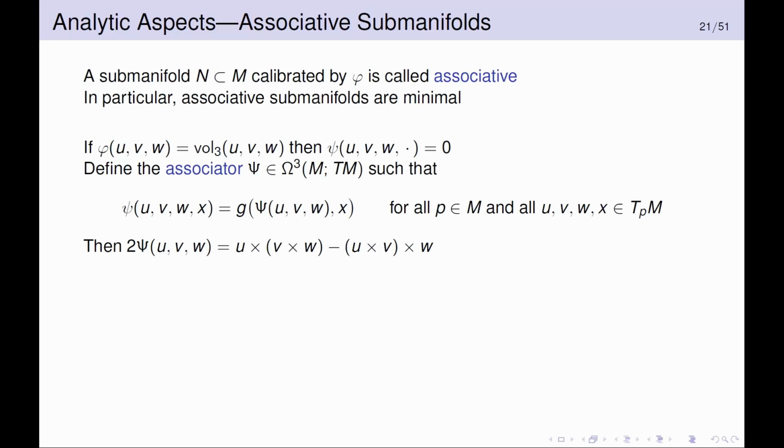So it tells you if you are on an associative subspace of the imaginary octonions, that it vanishes. And that's exactly the case if you're calibrated by phi. So the submanifold is associative if and only if the associator vanishes on it, and that maybe justifies the name.